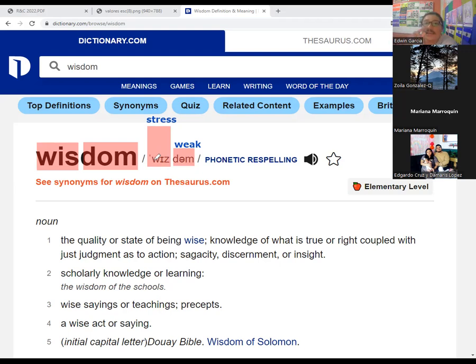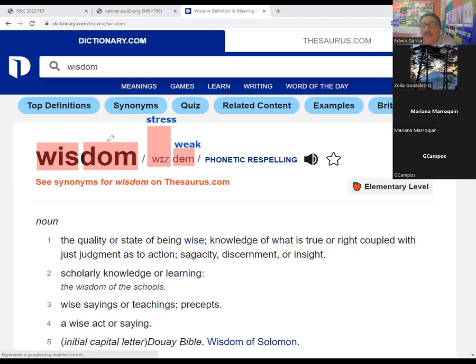In this case, it is the short E, E, E. Is that short. And for the letter S, we use the sound like Z, the vibration. We are going to do the vibration sound. Z, whiz, whiz. This is the first part.